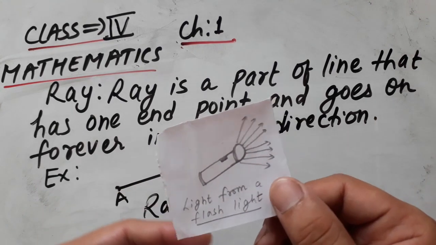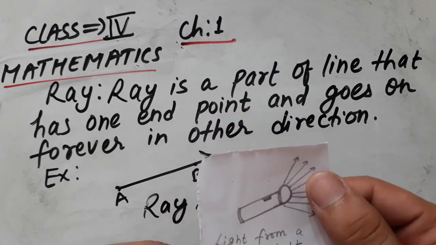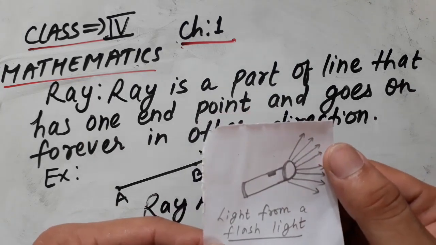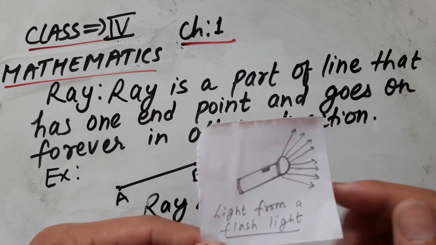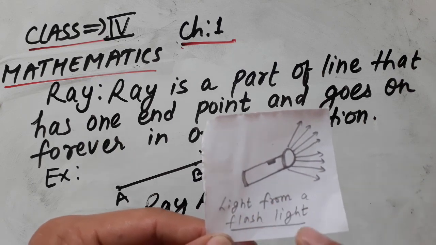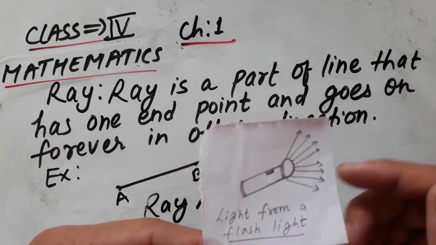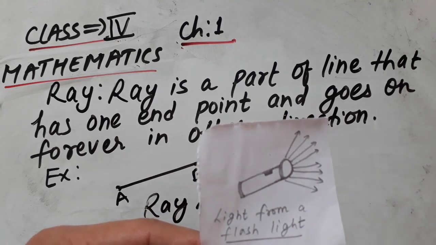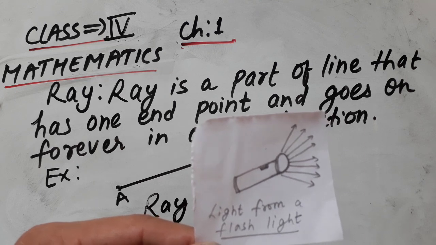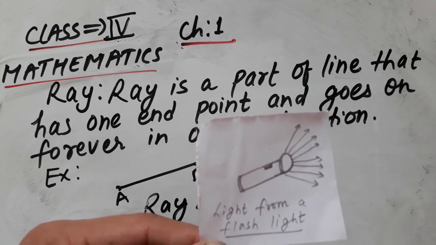Similarly, this is also an example of ray. As you can see, this is a light from a flashlight. These are the rays. So light from a flashlight is also considered as example of ray.